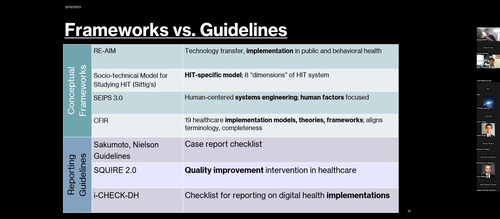If I'm going to be implementing a new tool in my MICU, maybe CFIR is the one. Or maybe I want to do both: use CFIR to explain the idea of an implementation project, but as I do it, lean on iChecked so that I cover every component of what JMIR wants me to.